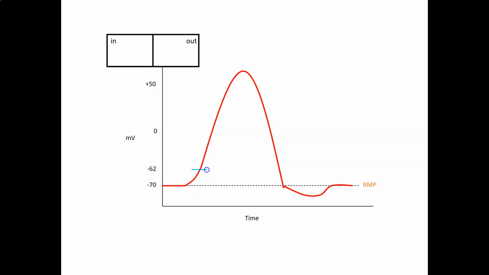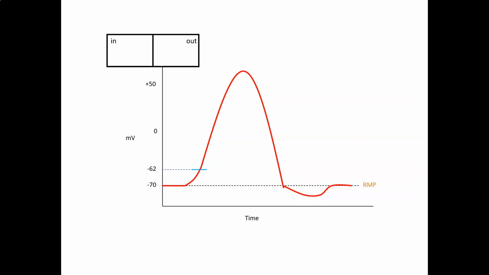Once the threshold of excitation is reached, you see a sharp increase in membrane potential and then a sharp decrease in membrane potential. It goes past the resting membrane potential and then eventually returns to the resting membrane potential value at negative 70 millivolts.